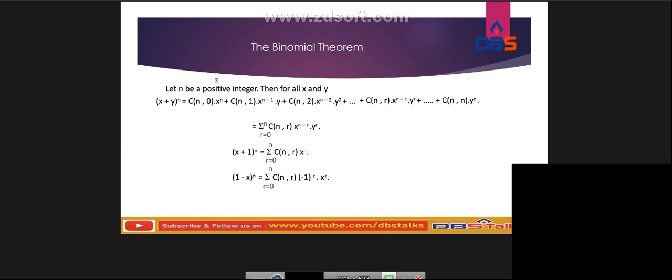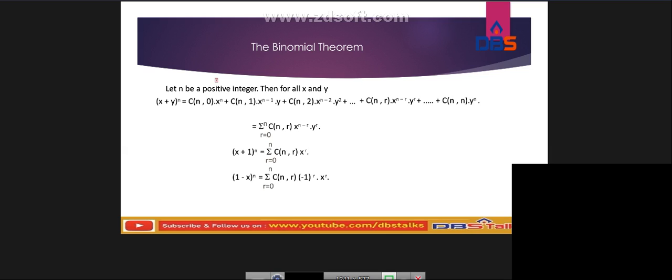Next, let n be a positive integer. Then for all x and y, (x + y)^n = C(n,0) x^n + C(n,1) x^(n-1) y + C(n,2) x^(n-2) y^2 plus and so on plus C(n,r) x^(n-r) y^r plus and so on plus C(n,n) y^n, which equals sigma r = 0 to n C(n,r) x^(n-r) y^r.